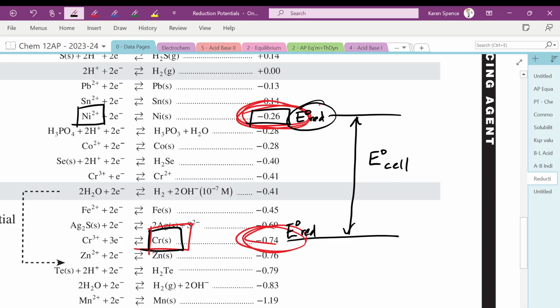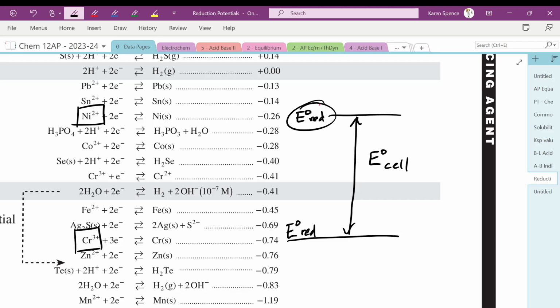Is it better at getting reduced than chromium, or is it better at getting oxidized than chromium? So is nickel better at getting reduced than chromium, or is nickel worse at getting reduced than chromium?